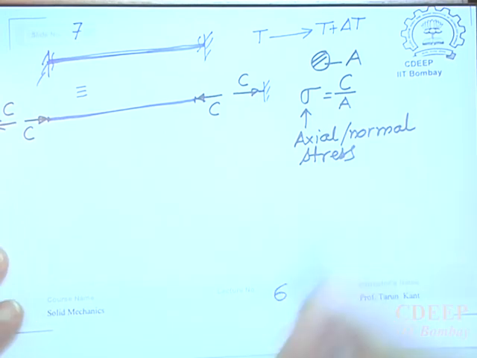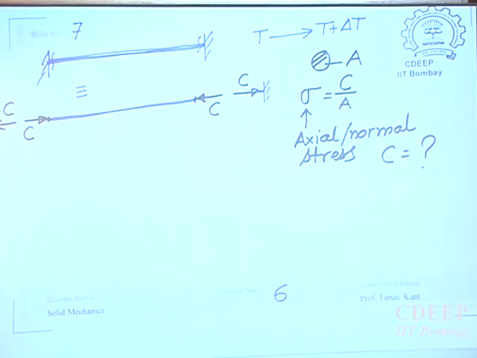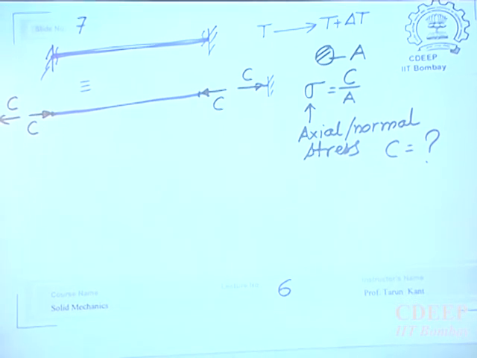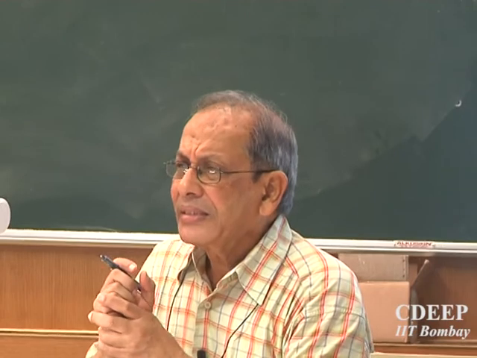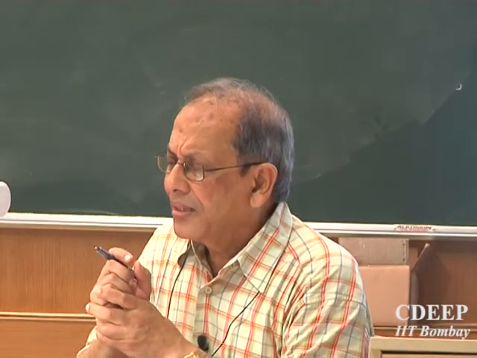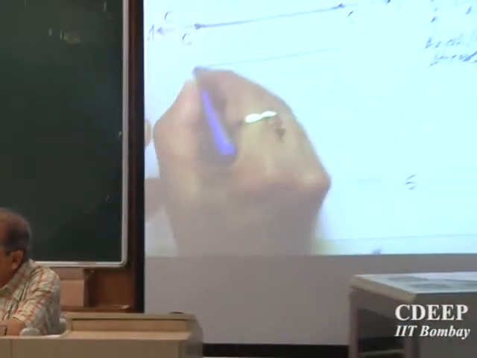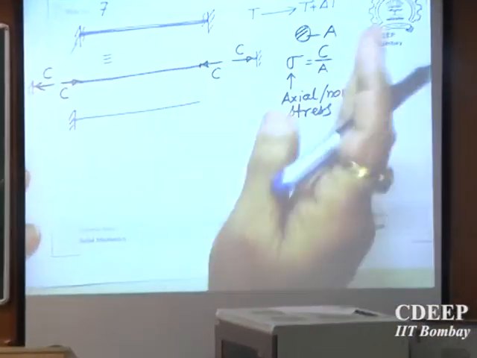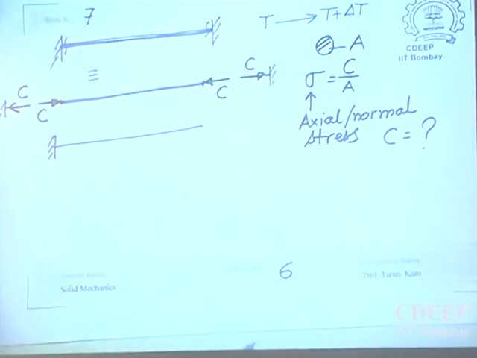But how to find out C? So our main job is to find out C. Okay. What is the best way? Yes, the best way is, because this is C. Had the rod been free, meaning I had removed one support, then it would have expanded.